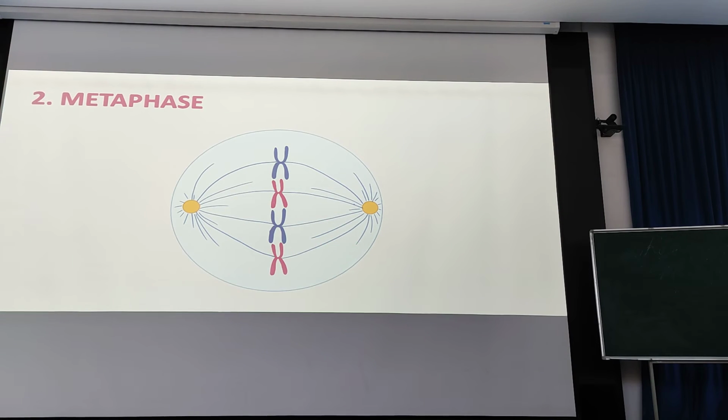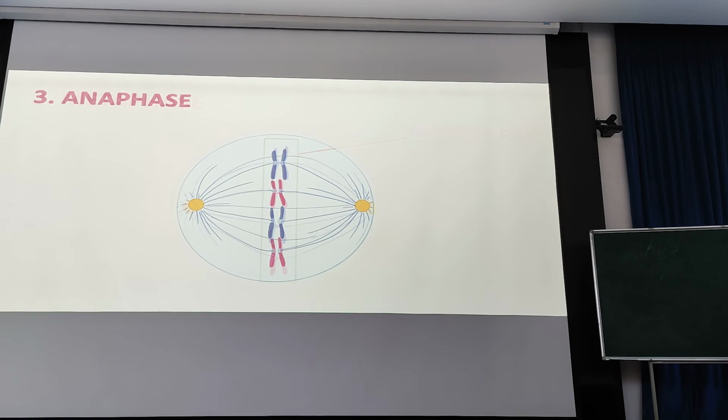So next, in the metaphase, the sister chromatids lie along the center of the cell, forming the unique metaphase plate. Okay, it comes to anaphase.